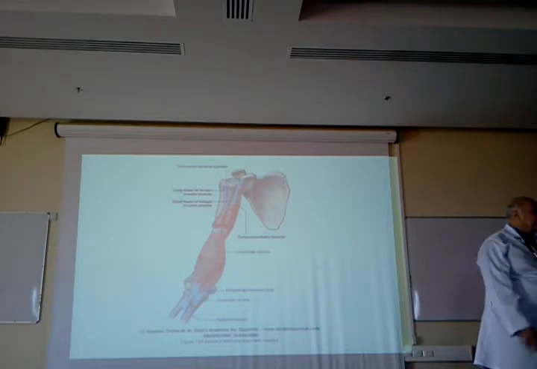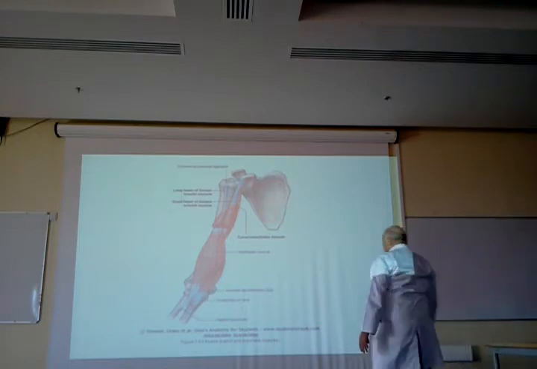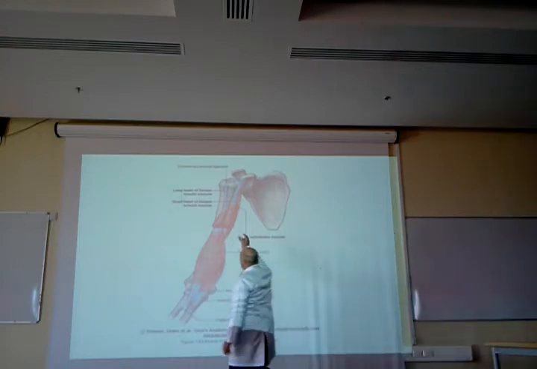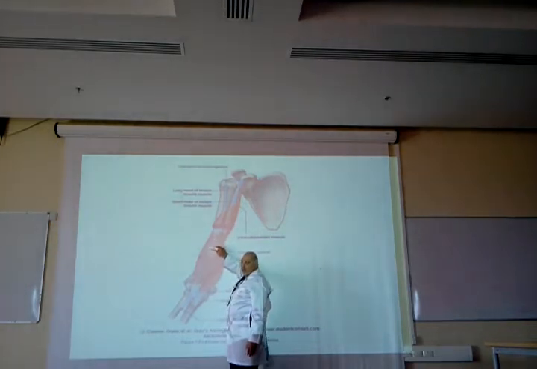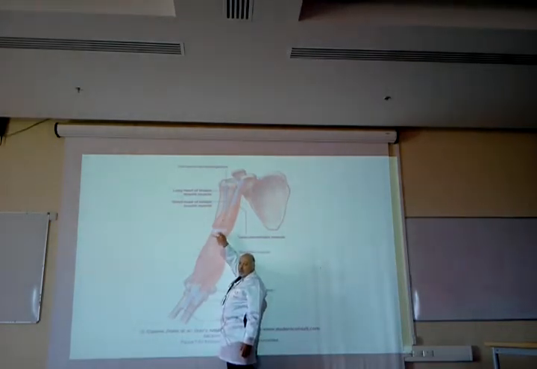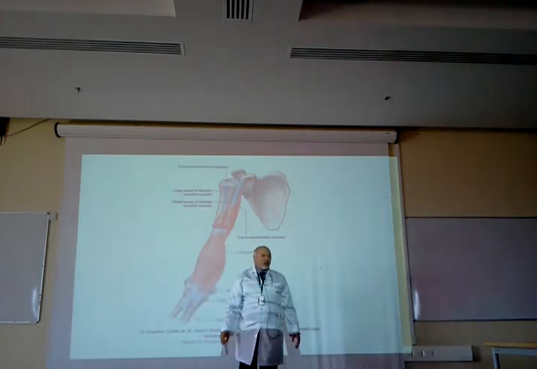In this picture, if you put a nerve here, piercing the coracobrachialis muscle, passing between biceps and brachialis, it appears here as the lateral cutaneous nerve of the forearm.